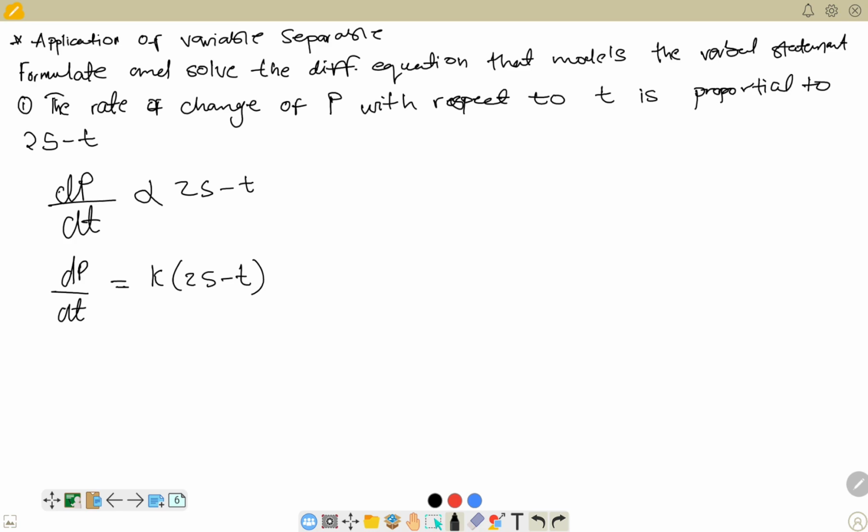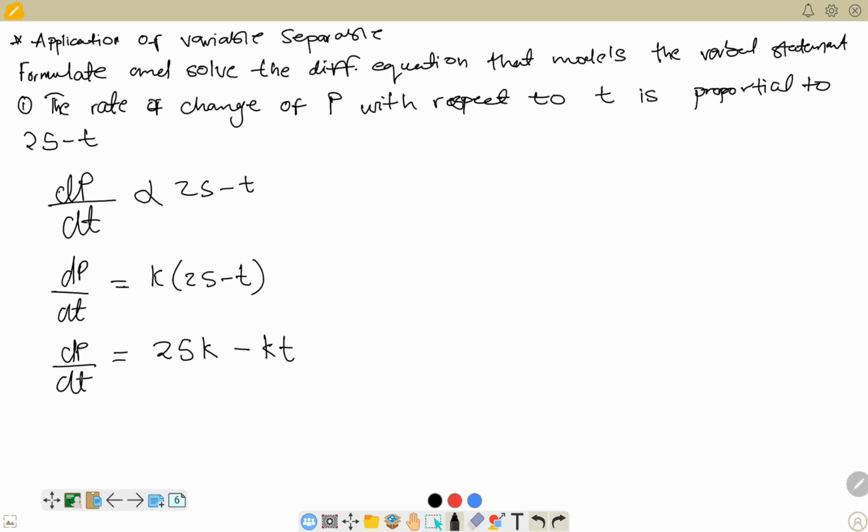Okay, we need to apply now our knowledge of separation of variables. But here, I can see that I only have t. I don't have the p variable. k is a constant and 25 is a constant. So for now I can write it like this: k times 25 is 25k, and then minus k times negative t is actually negative kt.